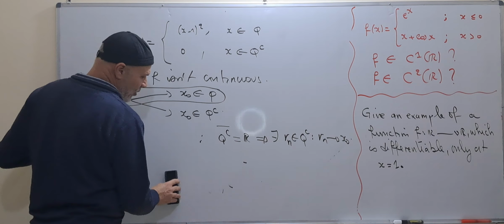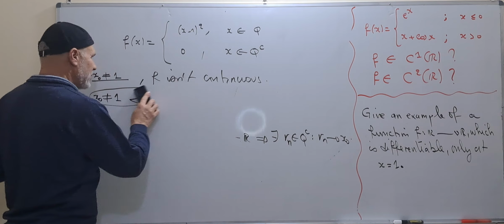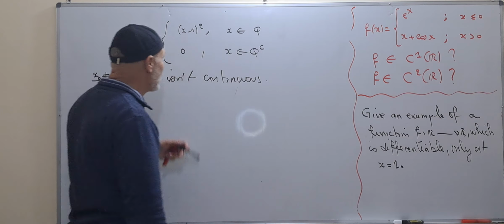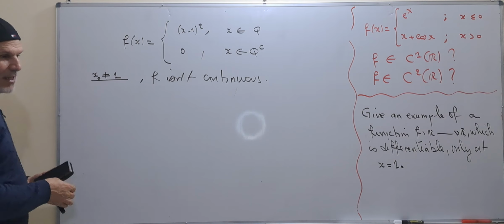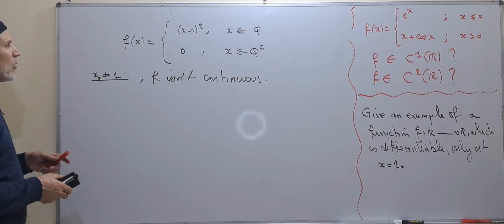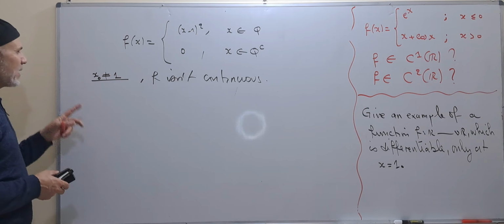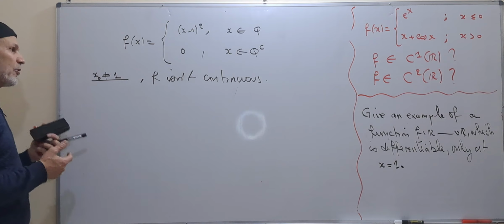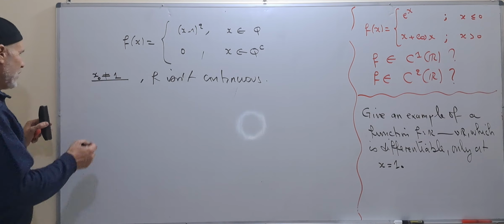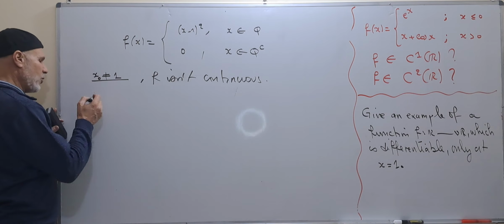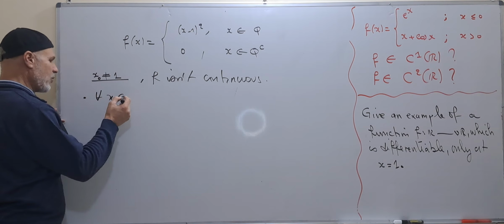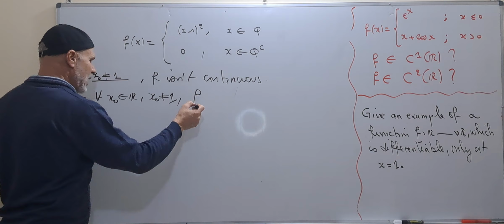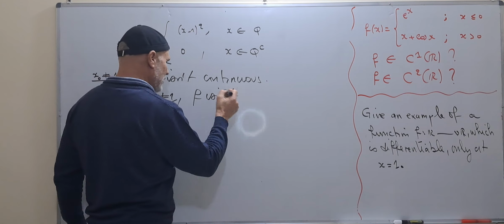A function which is not continuous at a point cannot be differentiable. So f cannot be differentiable at all the points except x0 equal to 1. For all x0 from R such that x0 is different from 1, f isn't continuous.